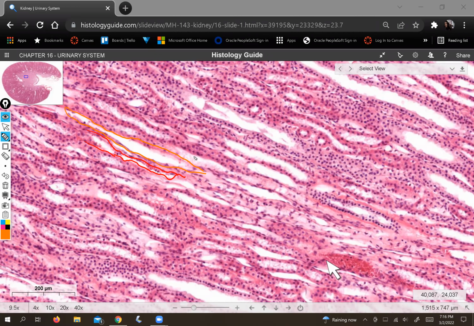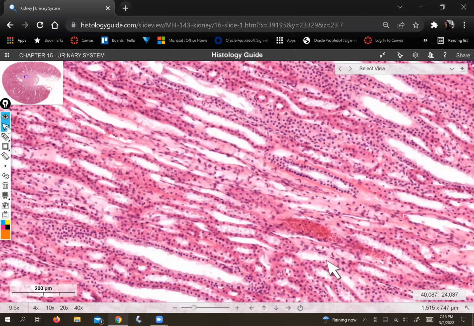So again, definitely training wheels off for distinguishing between two different things that are made of the same epithelium. But if you pay close attention, you think logically, you apply what you know about the physiology of the system and sort of logic it out, you can get yourself the rest of the way to mastery.